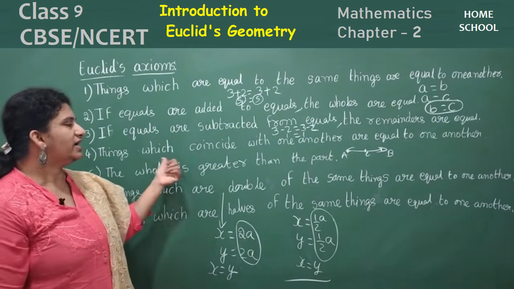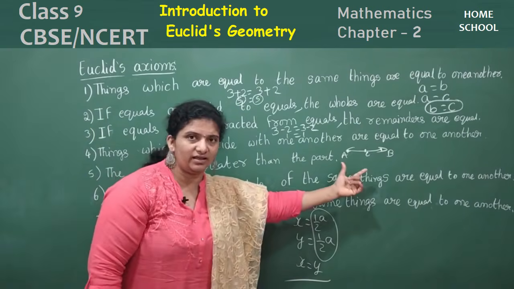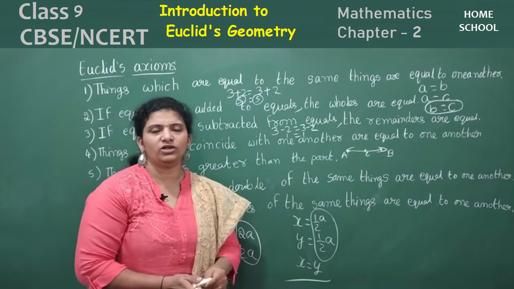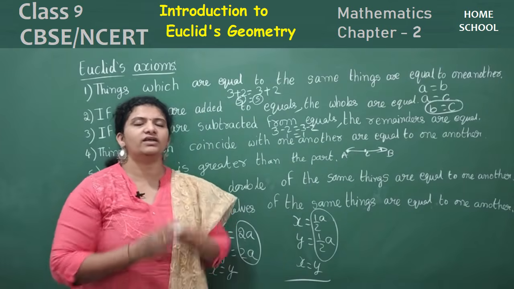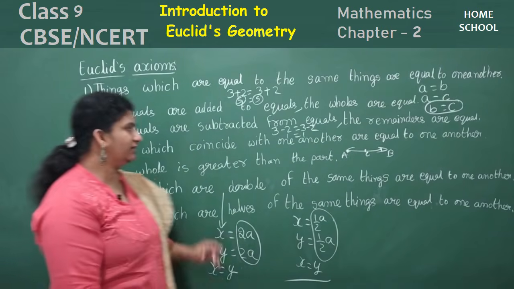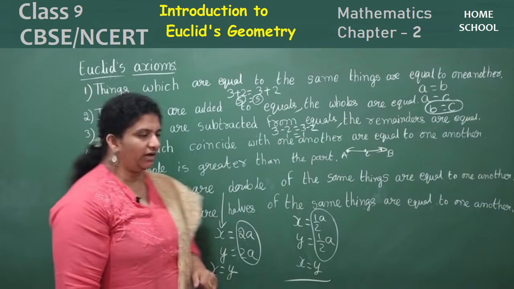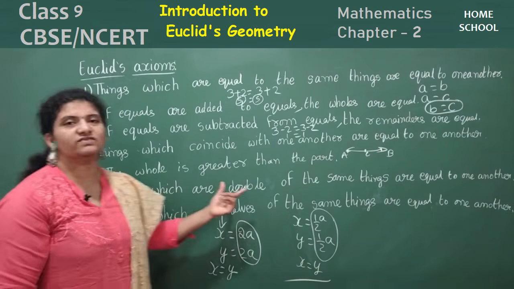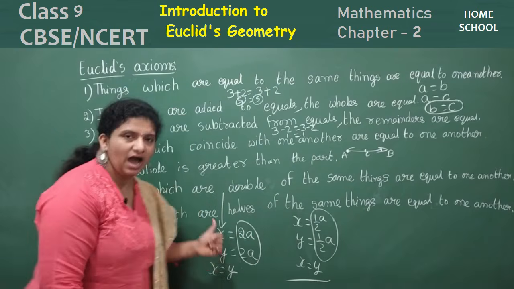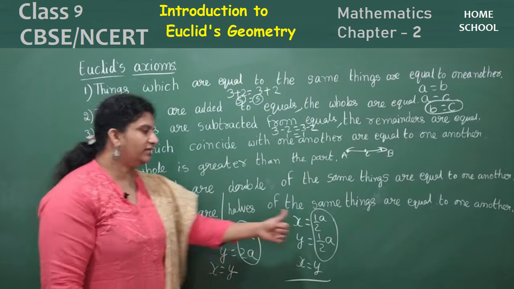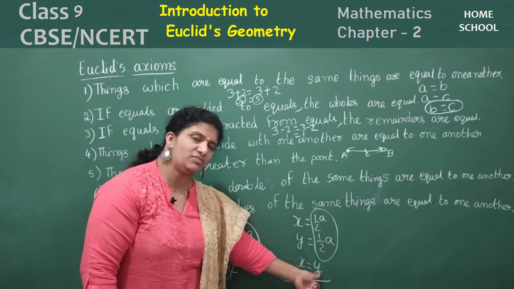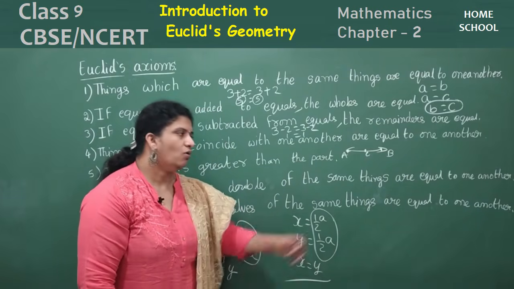Next one, things which coincide with one another are equal to one another. So next one, the whole is greater than the part. And the sixth one, things which are double of the same thing are equal to one another. Then things which are half of the same things are equal to one another.